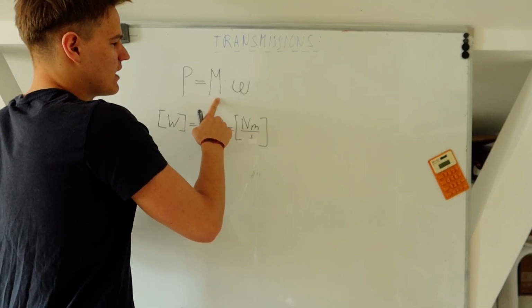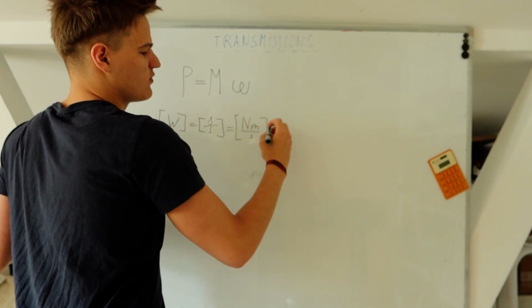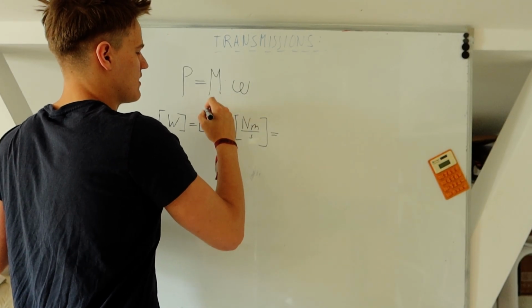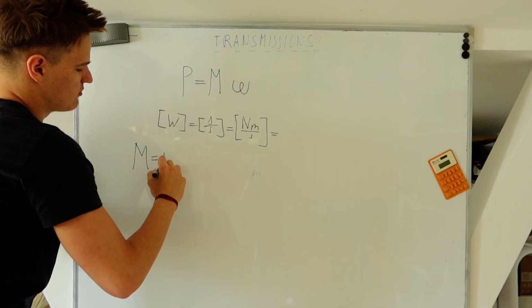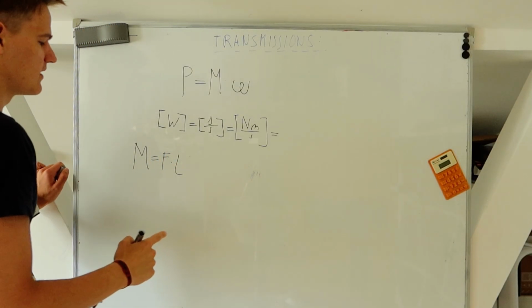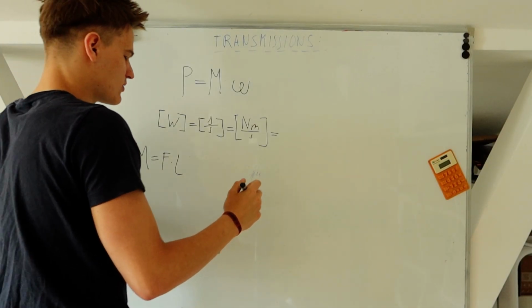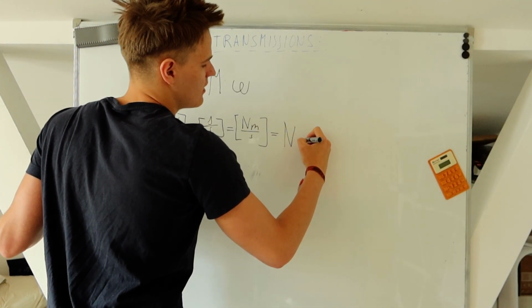Now if we have a look at M times omega, M is F times a length, of course. So we have Newton times meter.